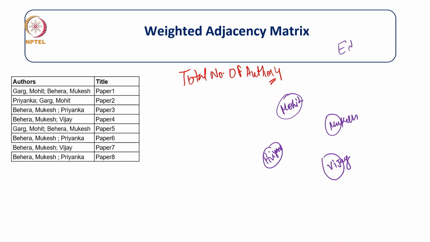If we see the edges, we have an edge between Mohit and Mukesh. Then we have Mohit and Priyanka. Then Mukesh and Priyanka appear three times. We have 3 papers, but the edge will be Mukesh and Priyanka.